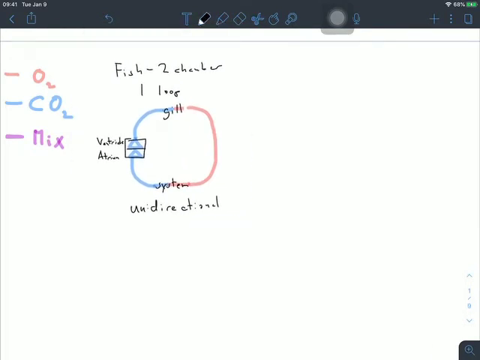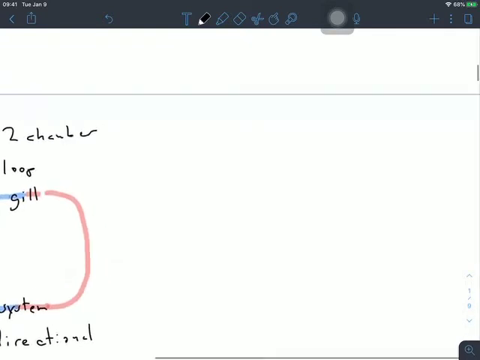Our next model, as you'll learn in Bio 2, the next group of complex organisms, the first to arrive on land but still spend some of their life in the water, are our amphibians. And amphibians have a 3-chambered heart.